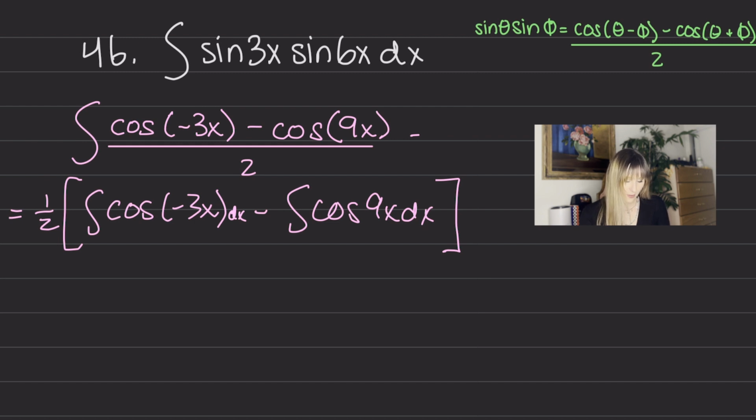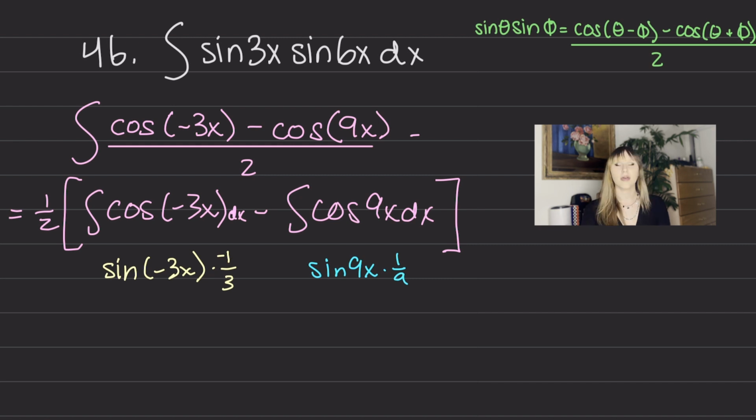So we have sine of minus 3x times 1/3, times negative 1/3. That should be right. And then this one's going to be sine of 9x times 1/9. That should also be right.